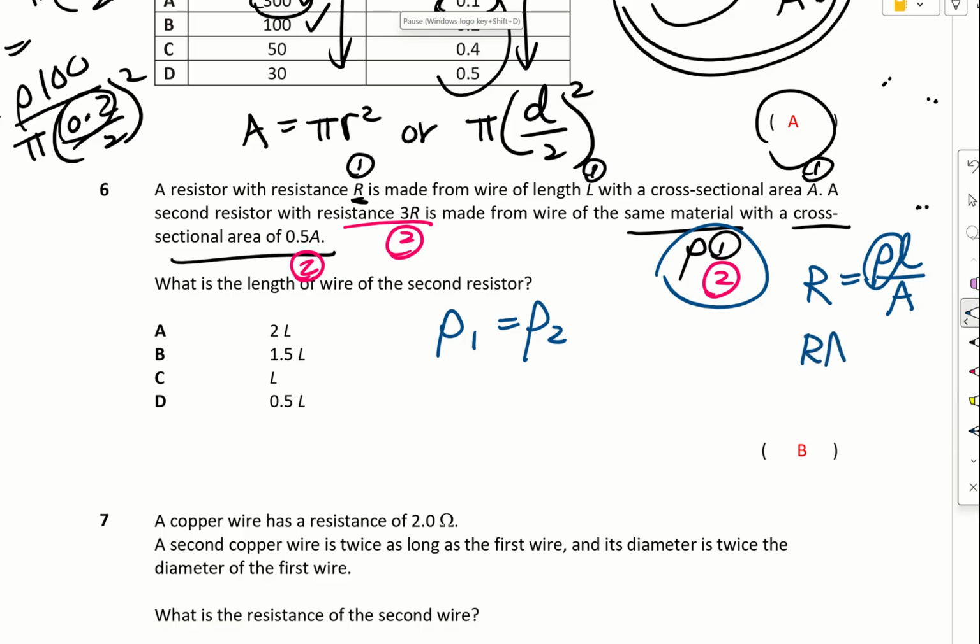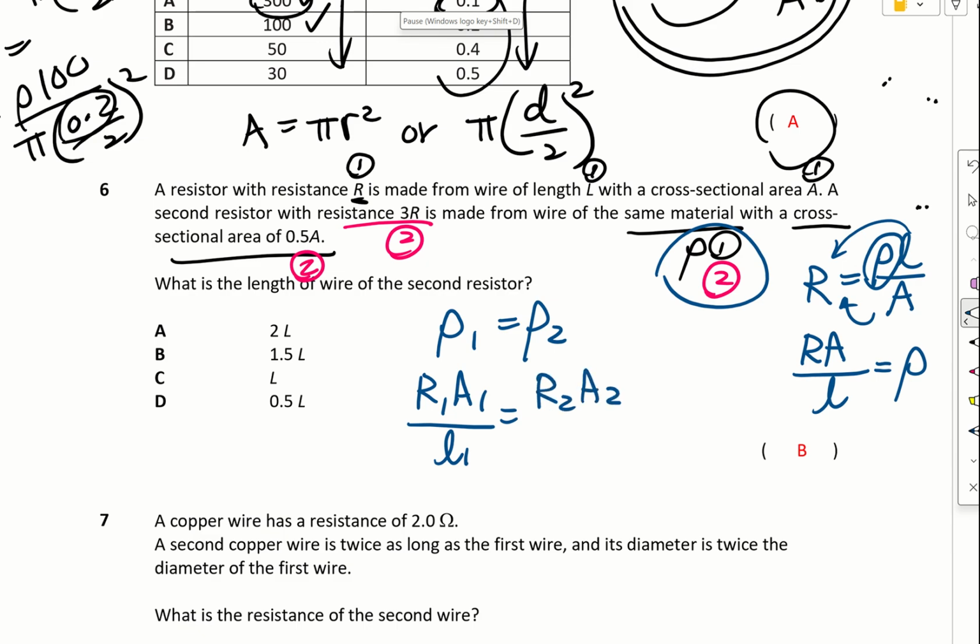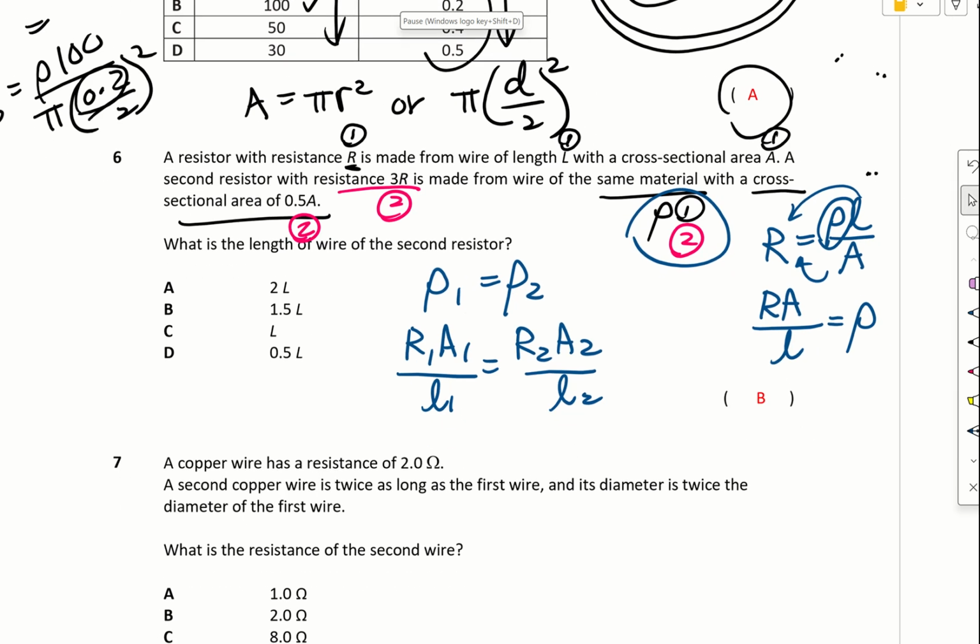So R times A, because my A is brought over, divided by L, because my L is on the numerator and I bring it over to become the denominator, equals resistivity. So I will have R1 A1 over L1 equals R2 A2 over L2. This becomes a very neat equation.